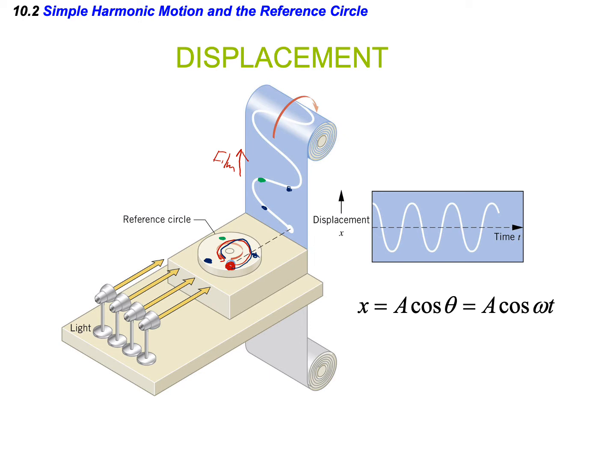If you track the position of the ball on the film, you see a wave-like shape, like this. The ball is going around a horizontal circular orbit, and when you track the position, it gives you a wave-like motion.